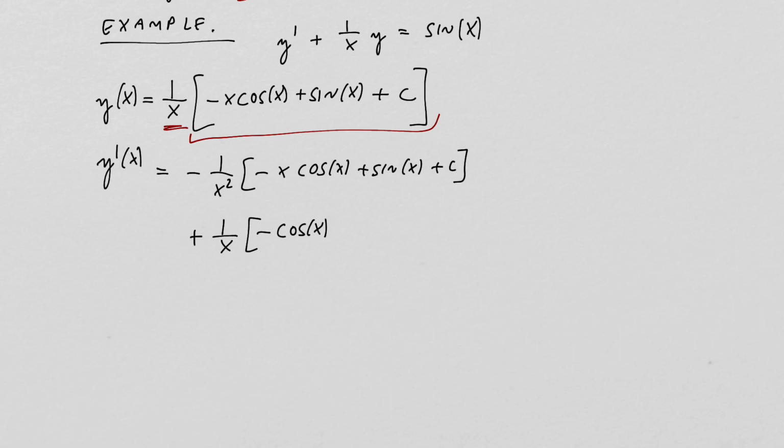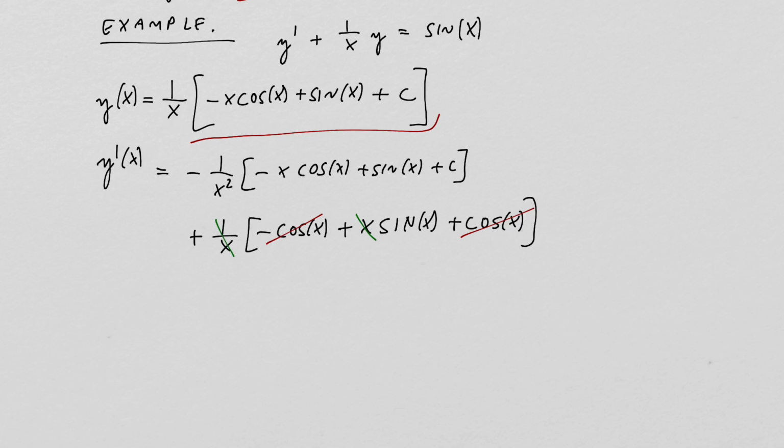the derivative of minus cosine is just sine, so we will get x times sine of x, and then the derivative of sine is cosine, and the derivative of the constant is 0. And now here these cosines will cancel out, and then these x's will cancel out.